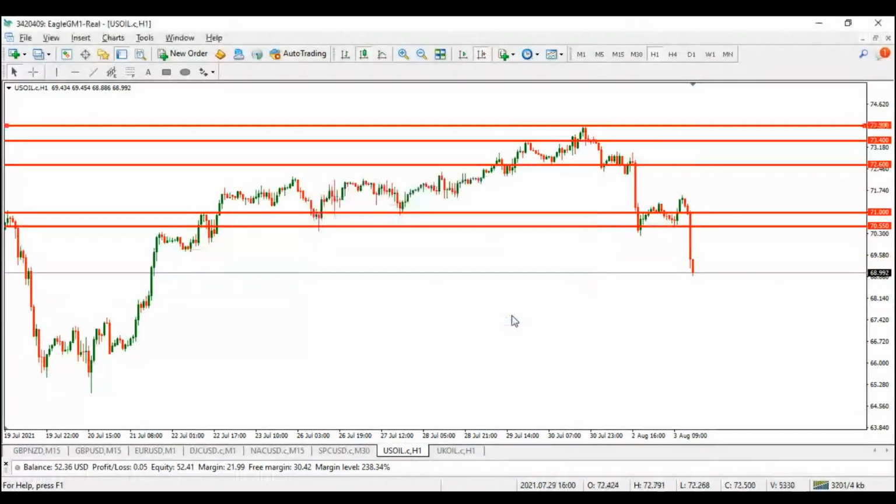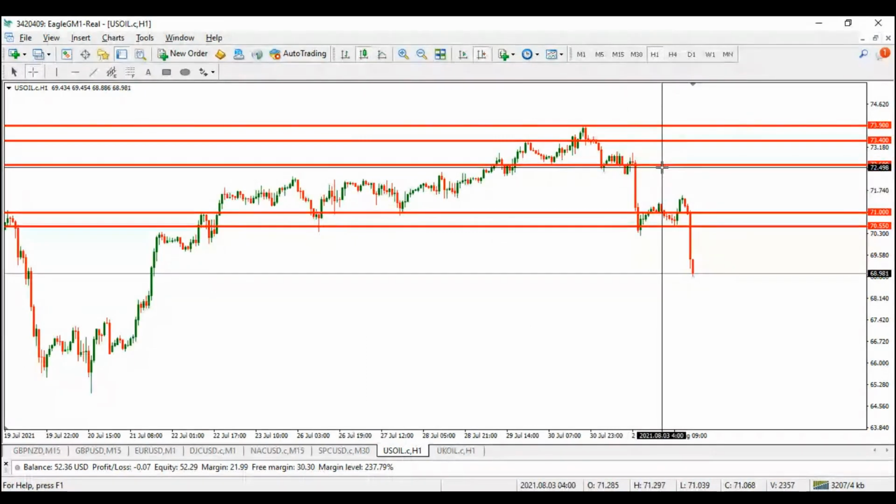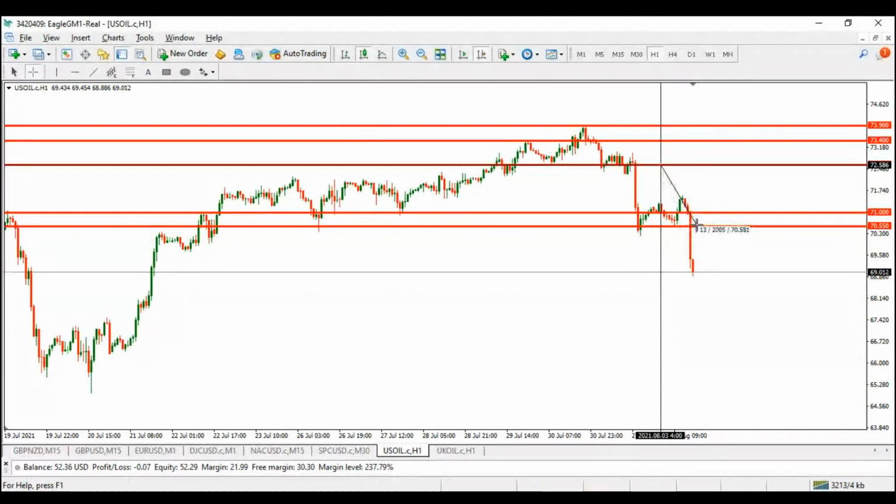So we see the downside playing out, and you could have made 204 points from this trade.